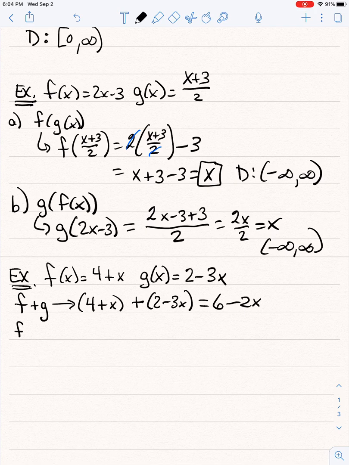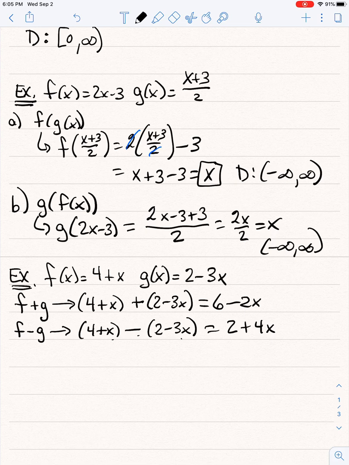We could also subtract the polynomials, f minus g. So we'll do 4 plus x minus, in parentheses, 2 minus 3x. This time make sure that you change your signs inside. 4 minus 2 is 2, and then x minus negative 3x becomes a plus, so that's plus 4x.